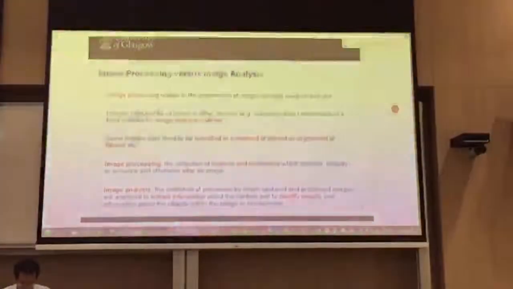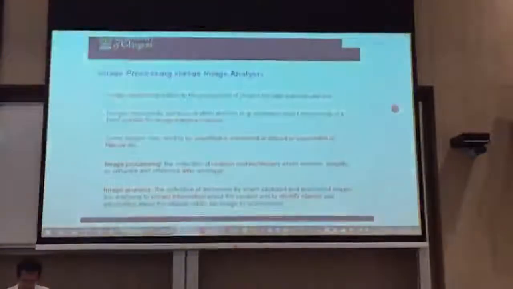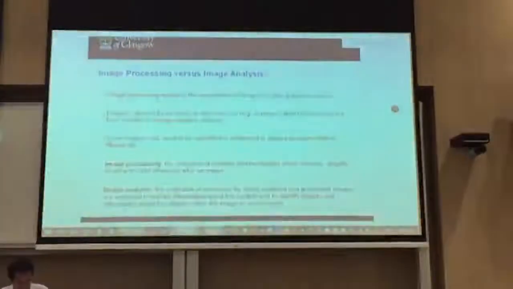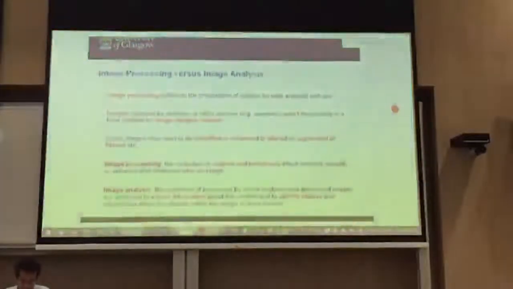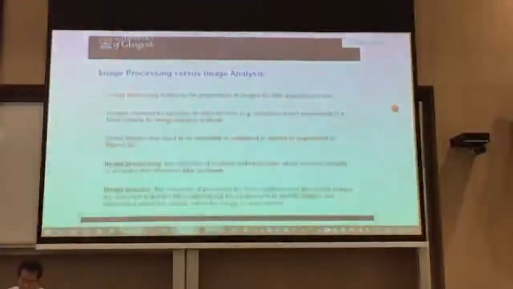So let's do some definitions. I think there was one year that this question came out. What is image processing and what is image analysis? Image processing deals with processing the image in terms of enhancing, altering, segmentation, or filtering of the image.